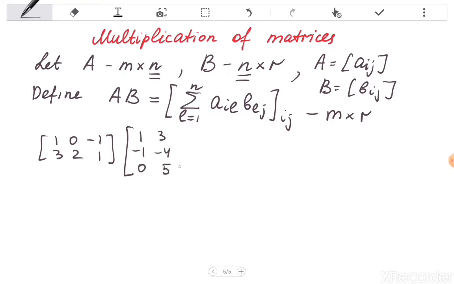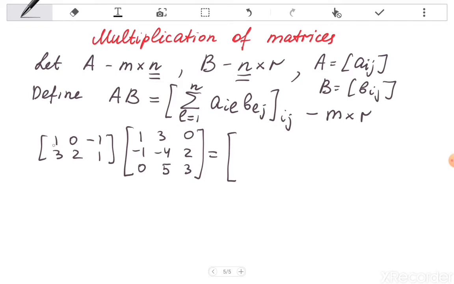And it doesn't matter how many columns it has, so let's say it has 3 columns, for example: 0, 2, 3. So how do we multiply this? We construct a new matrix, and the new matrix will be of size 2 times 3, right? Because m is 2 rows, and r is 3 columns of matrix B.